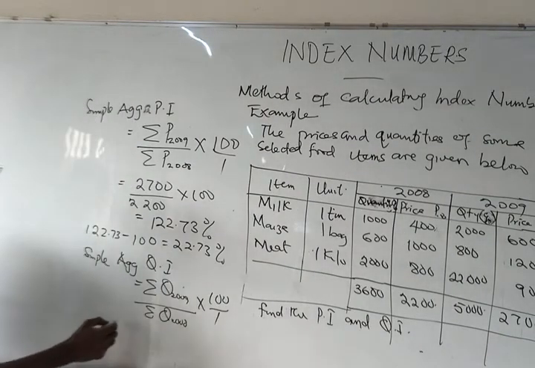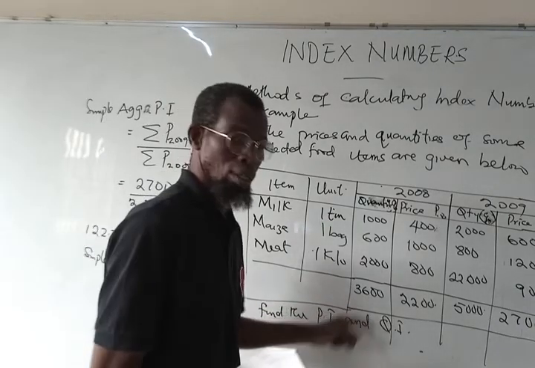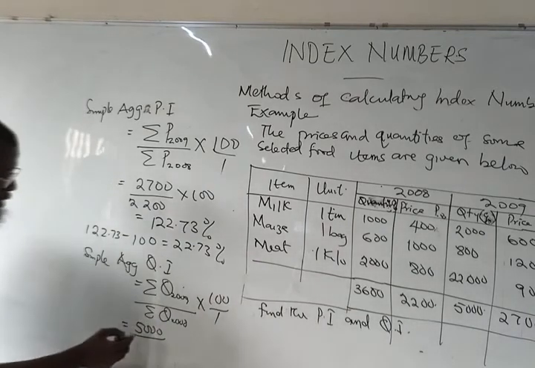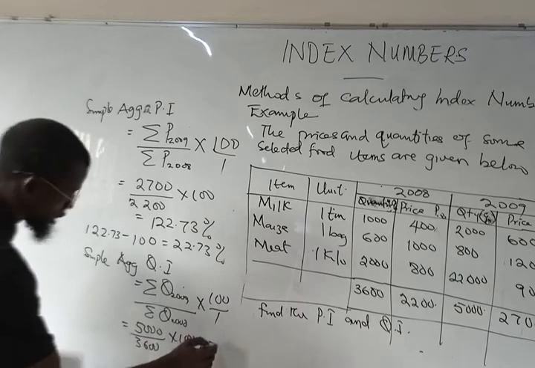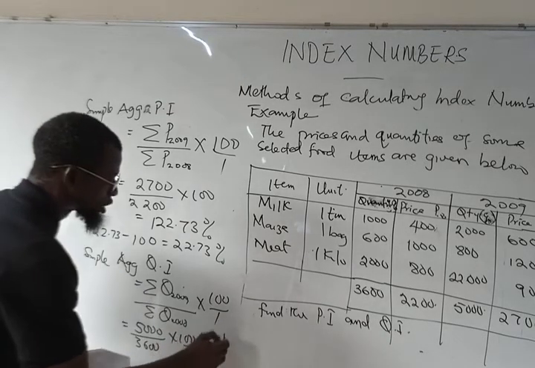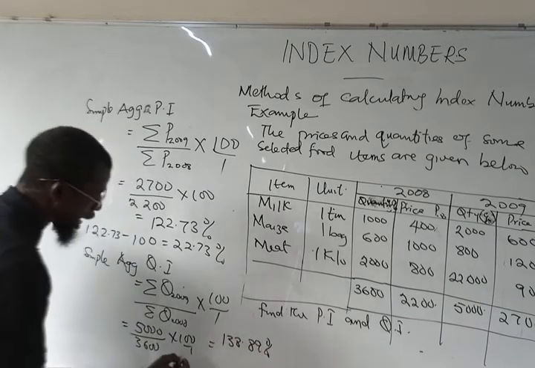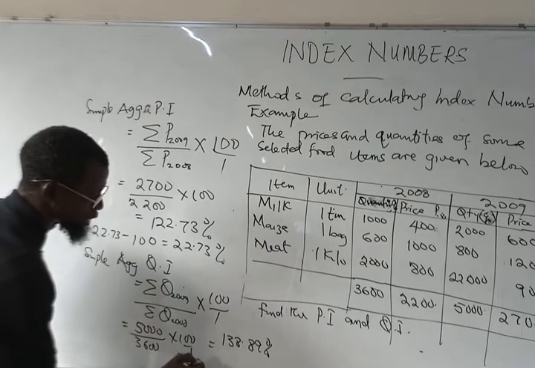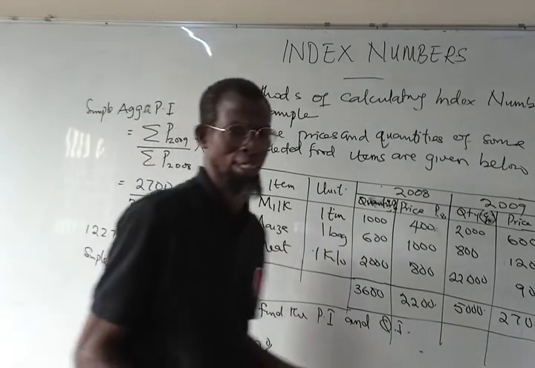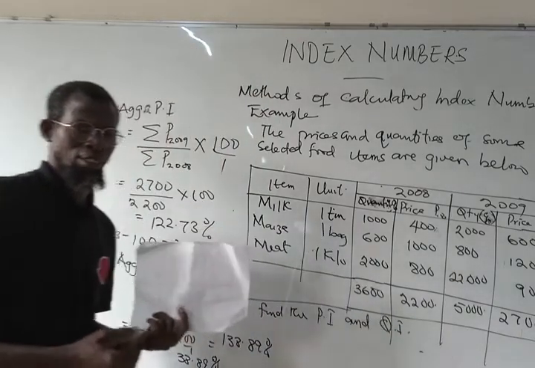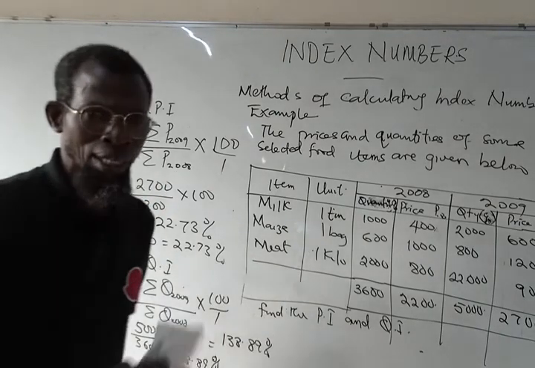So this will be equal to 5,000 over that of 2008, which is 3,600, then times 100 over 1. And that will give us 138.89%, which is a 38.89 increment. See, very easy thing. I pray that God will make it easier for us than this.